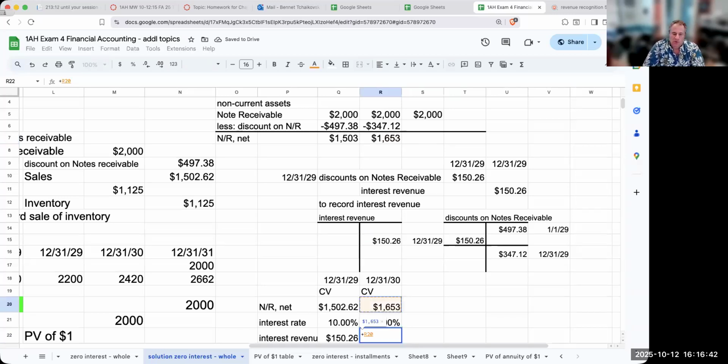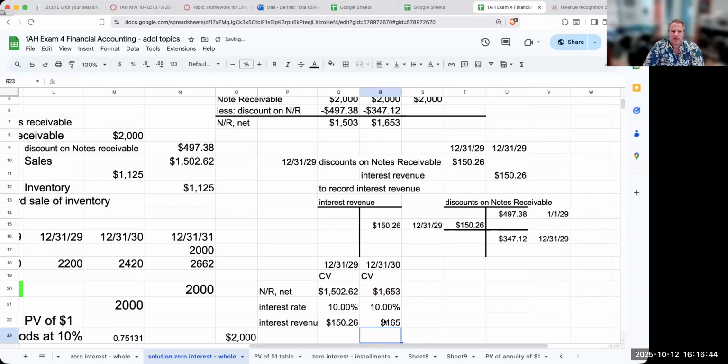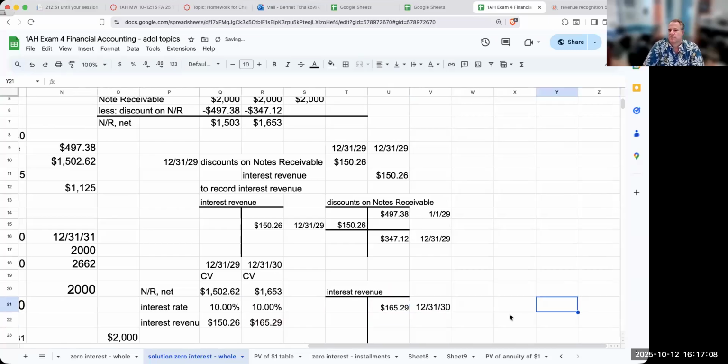So my interest revenue will be 165.29. Okay. Now, what happened with interest revenue? Well, interest revenue, like all revenues, expenses, and dividends, gets closed out to retained earnings, right? So over here at 12/31/30, I'm going to be recognizing interest revenue of 165.29.